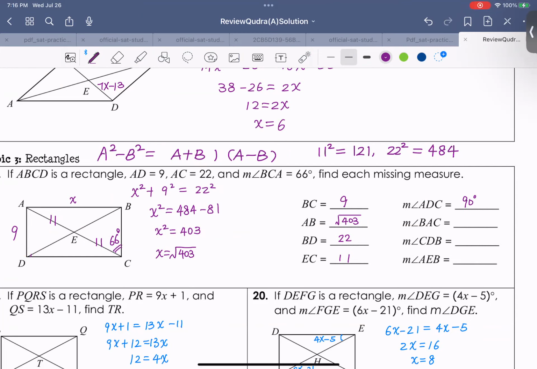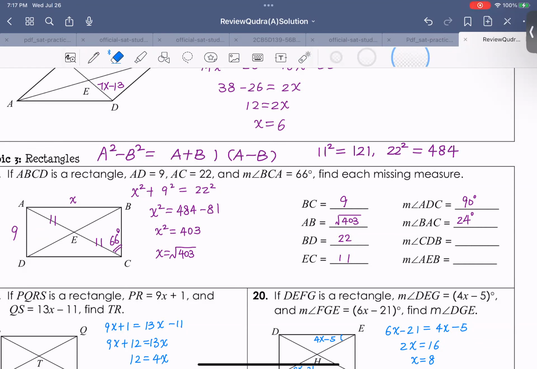Suppose this is 90, this is 66, so that will be what? 24. So this is 24, yeah. Good. And then CDB, this angle.